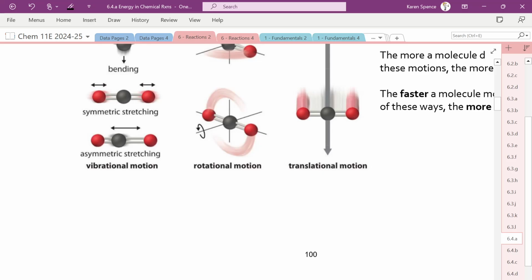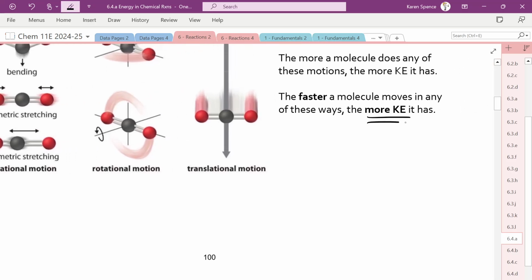Now, the faster that these molecules move, the more kinetic energy they have.